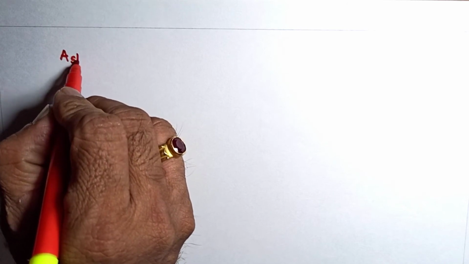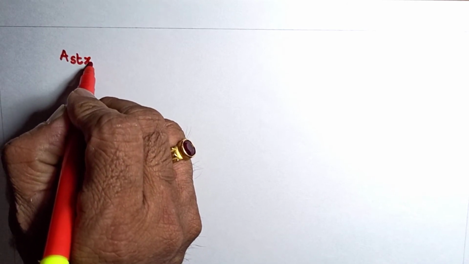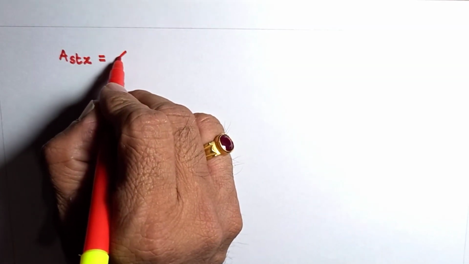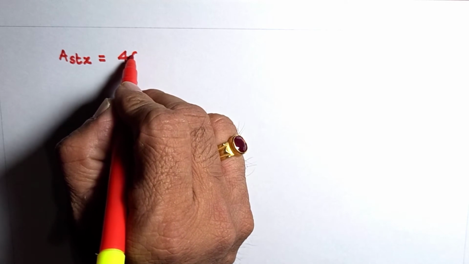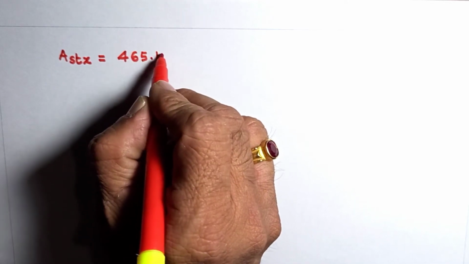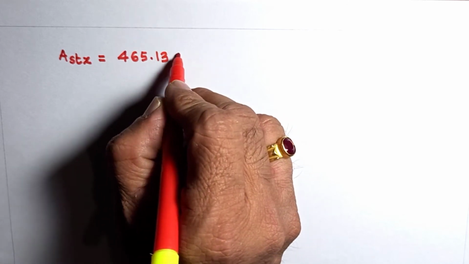So with the help of scientific calculator, you will get Astx equals 465.13 mm square.